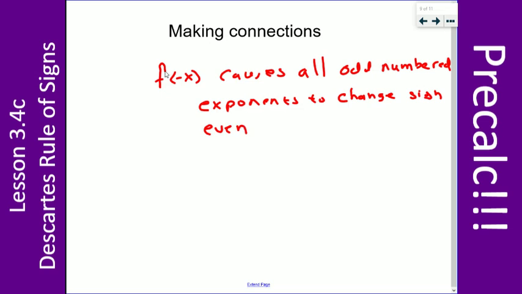Even exponents stay the same. So whenever you plug in f of negative x, all those odd numbered exponents are going to change sign. The even numbered exponents are going to stay the same. Okay? So that's the first thing.